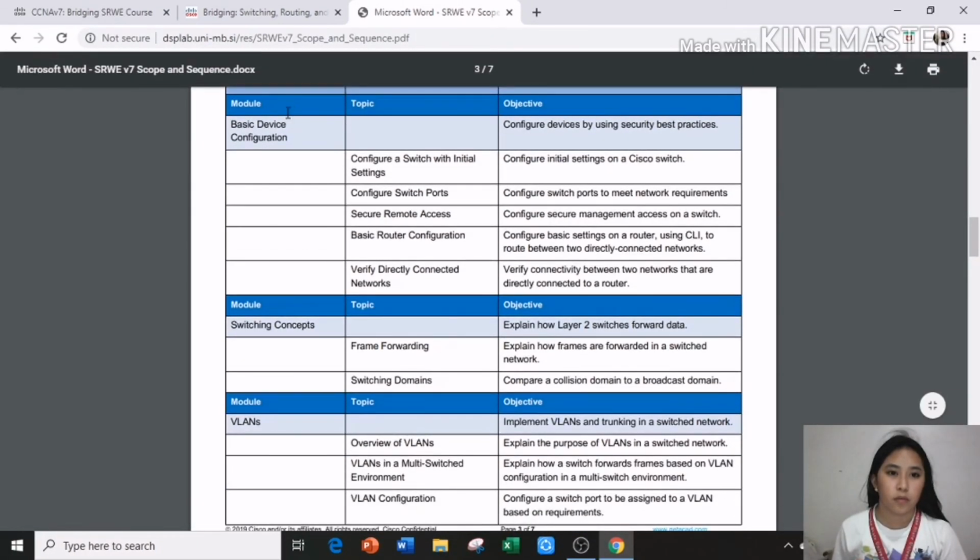So these are the modules, these are the topics, and these are the objectives. Of course, objectives are very important.